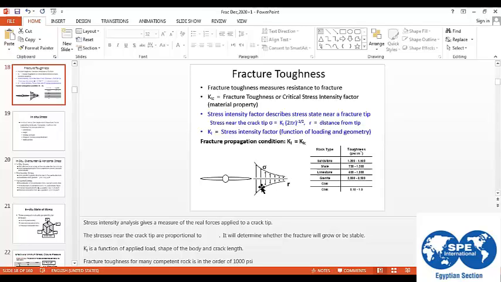This means that as this length increases, the stress measured here increases. This appears from this equation: the stress intensity factor K multiplied by 2 by R, where R is the distance between the fracture face at the perforation and the fracture tip at the end.